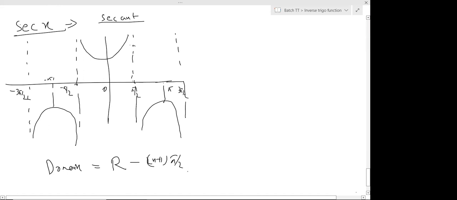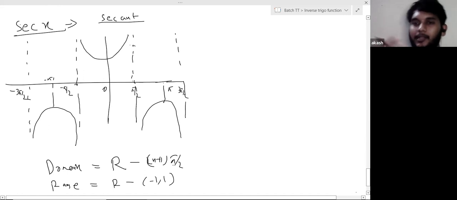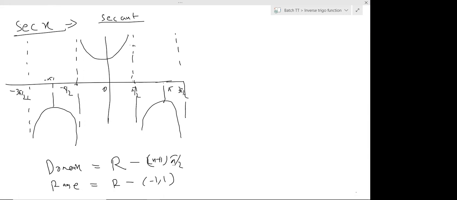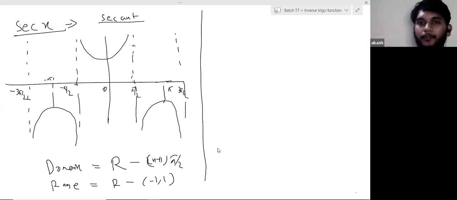Range here again is R minus (minus 1 to 1), because cos x is from minus 1 to 1, so 1 upon cos x cannot be from minus 1 to 1. So domain of sec x and tan x is the same. I'll draw the whole table, then you can see how to remember this or what are the patterns.